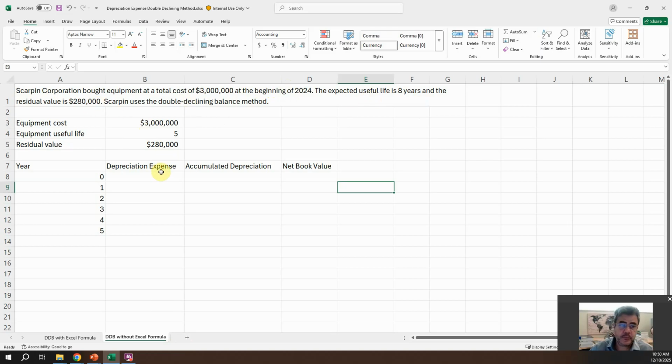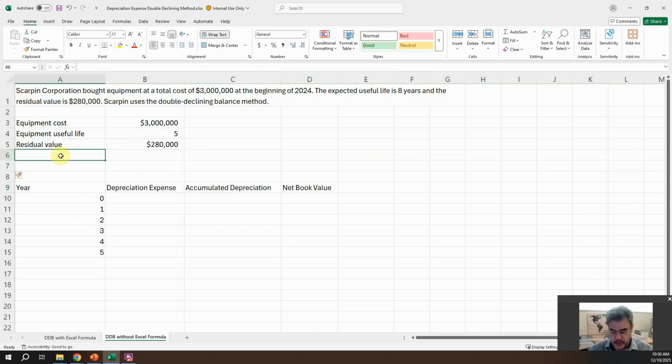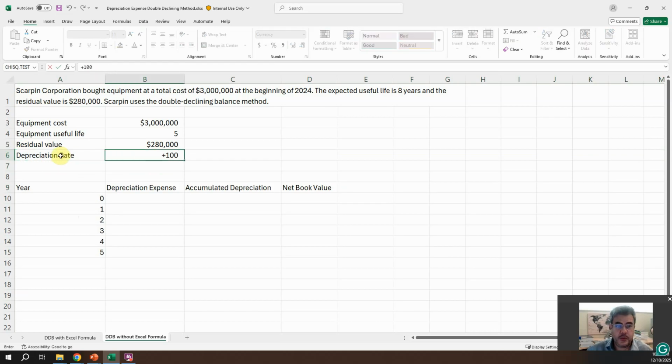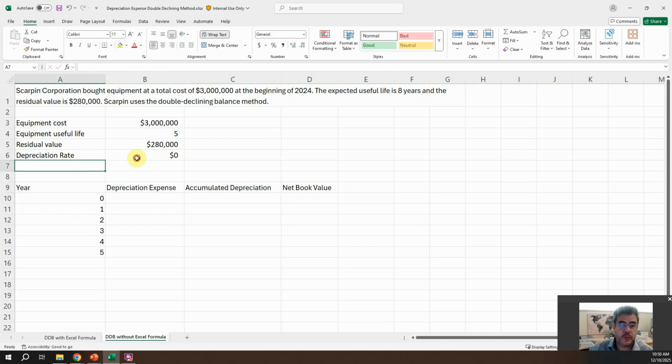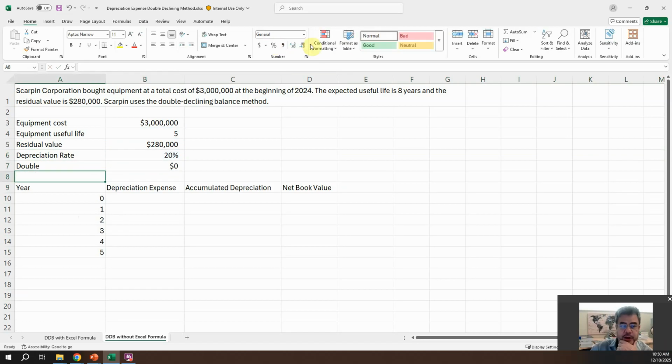So let's add some lines here. Depreciation rate, 100% divided by 5. And double is 40%.